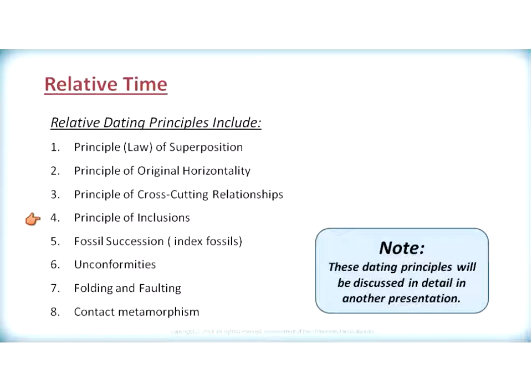Fourth, the principle of inclusions. Fifth, fossil succession. Sixth, unconformities. Seventh, you can look at folding and faulting. And eighth, contact metamorphism. All 8 of these scenarios are used when we look at relative dating.